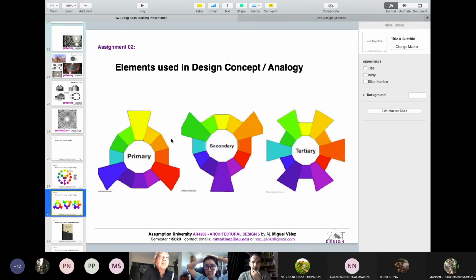So then I can have a very strong concept by using the primary, okay? Then I can use another concept, but it's going to use the secondary and the tertiary, no? But this helps everybody to understand, at least if you don't understand the full meaning of the things that we are talking about.